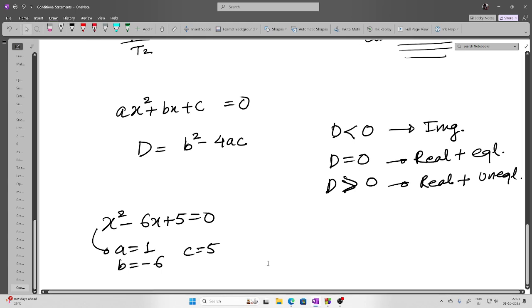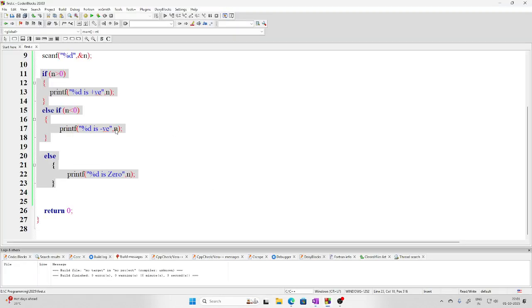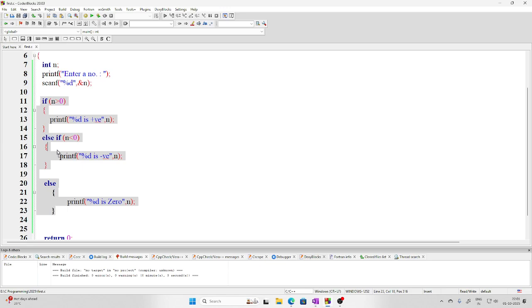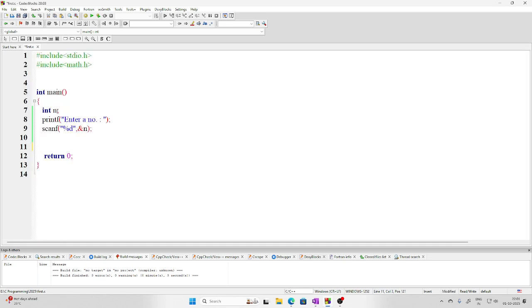Okay, so let us do this. So here, let's say a comma b comma c and one more, discriminant. Enter a, b and c.